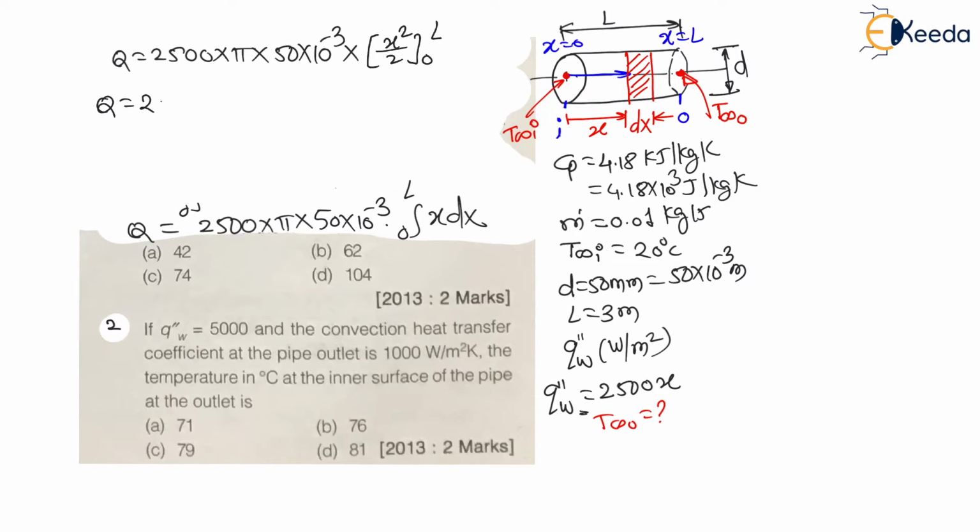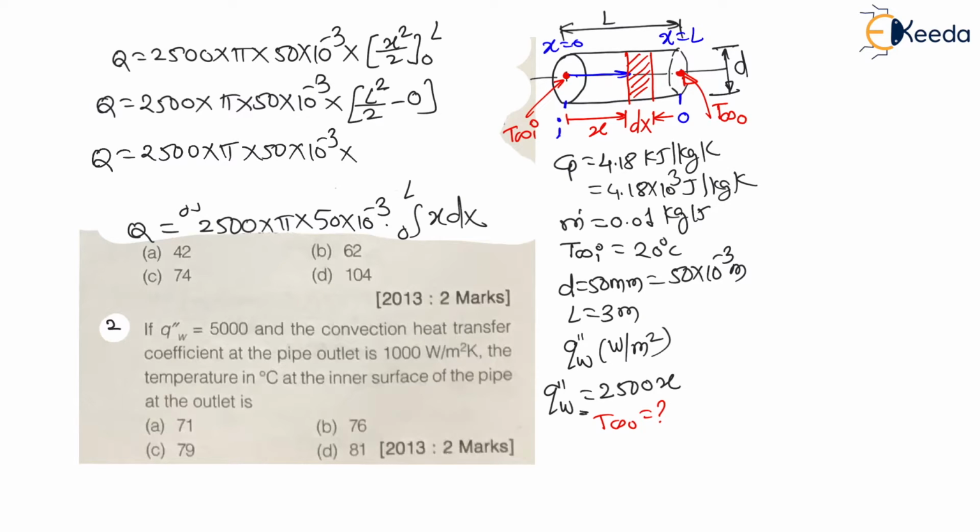Therefore, q is equal to 2500 into pi into 50 into 10 to the power minus 3 into, now x is L, L square by 2 minus x is 0. Therefore, L square by 2. Now, my dear students, L is nothing but the length, given as 3 meter. So let us put L equal to 3 meter. Therefore, q is equal to 2500 into pi into 50 into 10 to the power minus 3 into 3 square divided by 2.